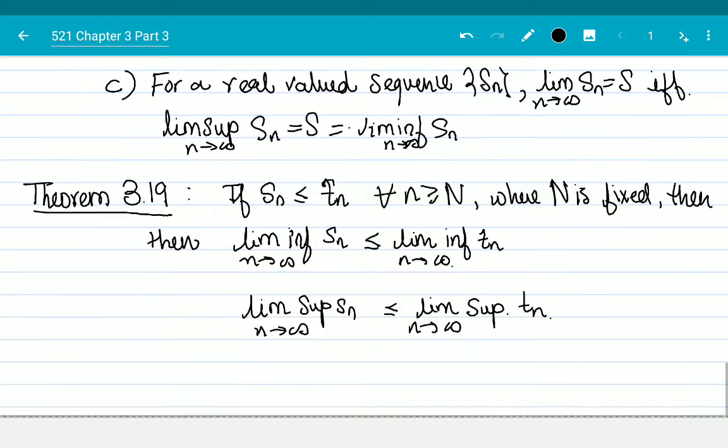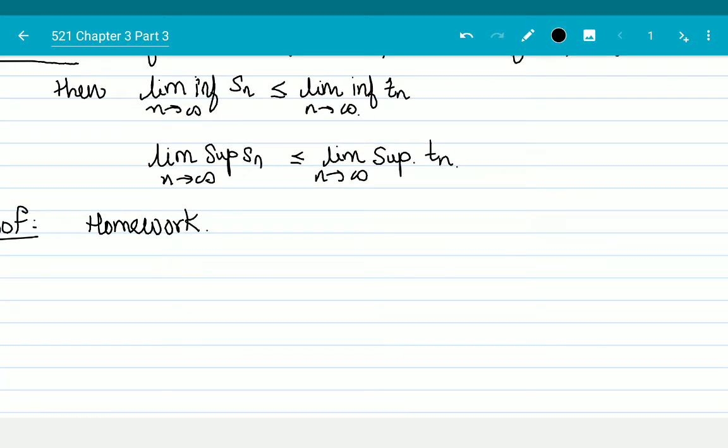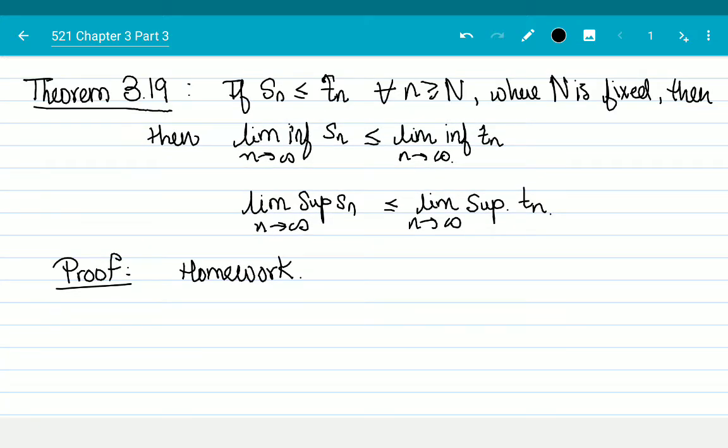So if a sequence is bigger, of course its lim sup and lim inf are going to be bigger. Proof. I'm not going to prove this. I'm going to leave this for you. Homework. The proof is rather trivial.